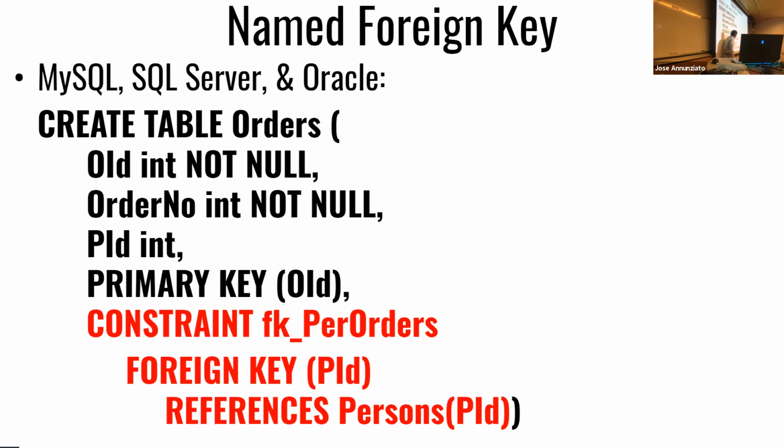You can say the constraint is called, for example, FK foreign key per orders, and then list the actual foreign key. It's optional, but useful because things that are named can be altered or modified later. There's a command called alter, if you misspelled something, or you want to change the data type, or change the table or the field that is being referenced.